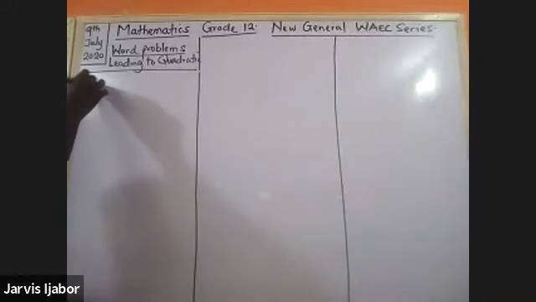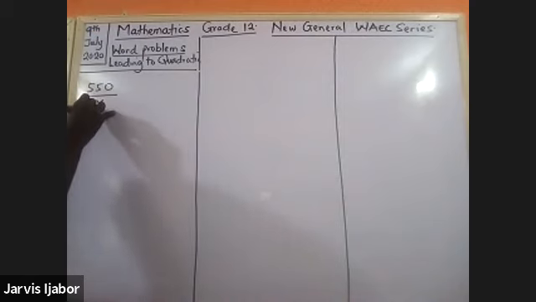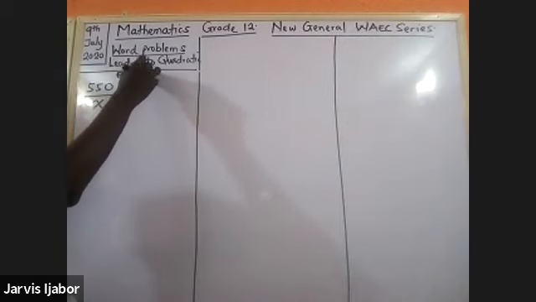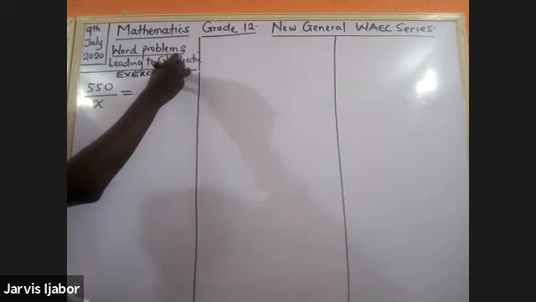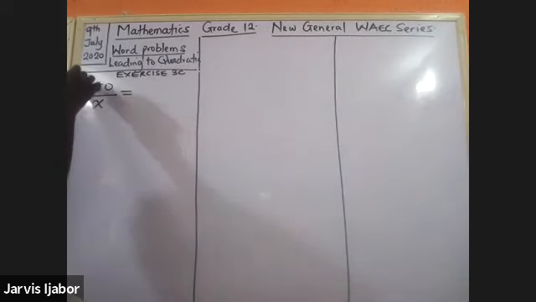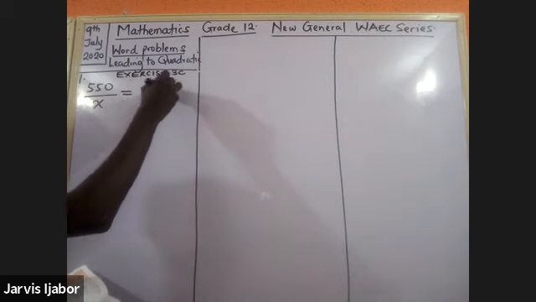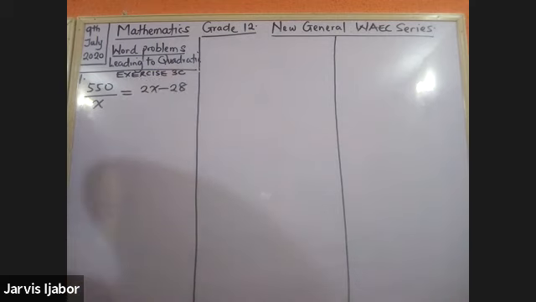He has 550 naira, and he spent it on x articles, so it will be equal to this. This is exercise 3C, question 1. He spends it on x articles, so that each one costs this. This is the narration of the question.